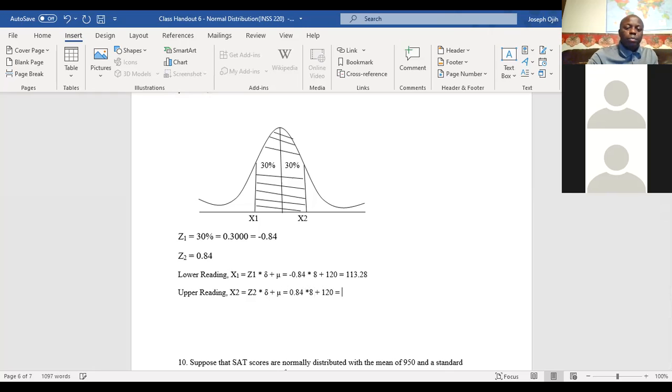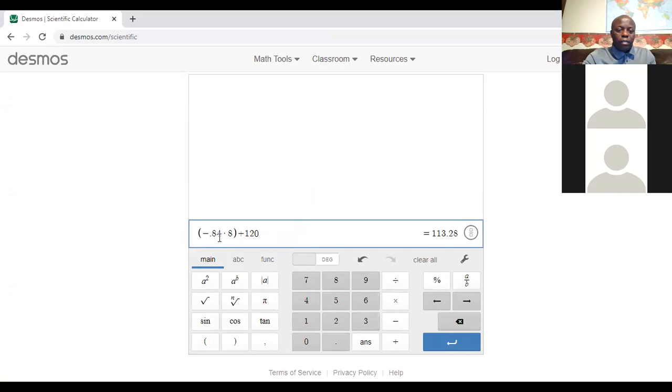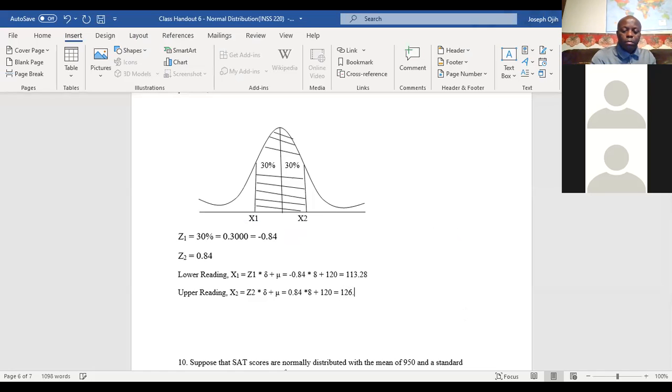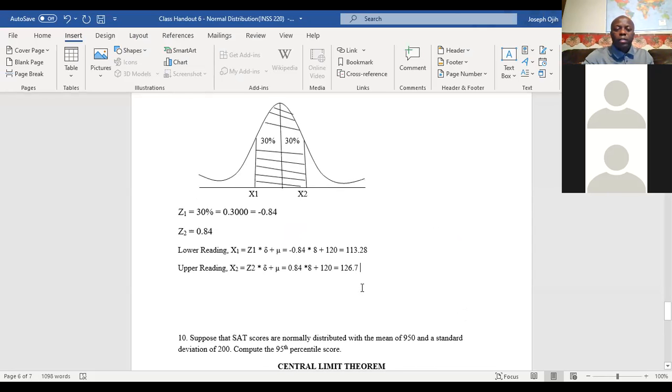We put it in the calculator, and we get our answer right away. So it's right here. We just take off the negative sign, and that gives us the right answer: 126.72. So this is the lower reading, this is the upper reading. Any question on that?